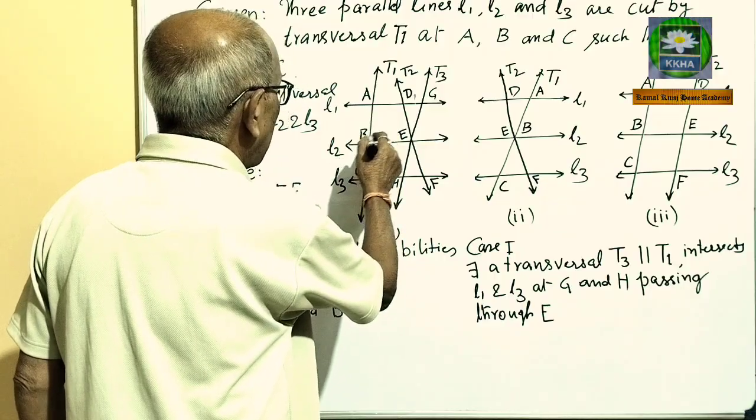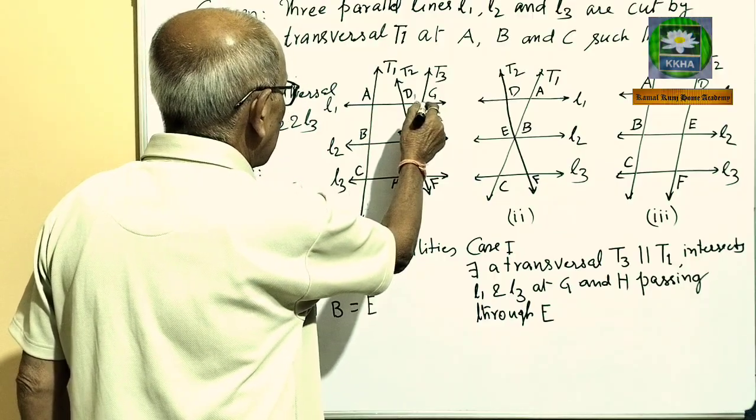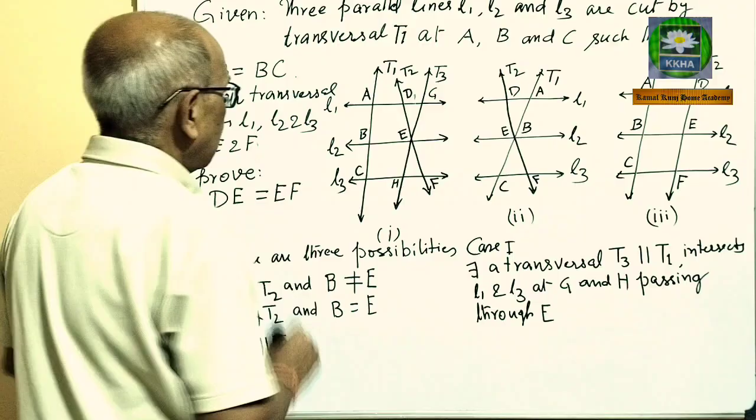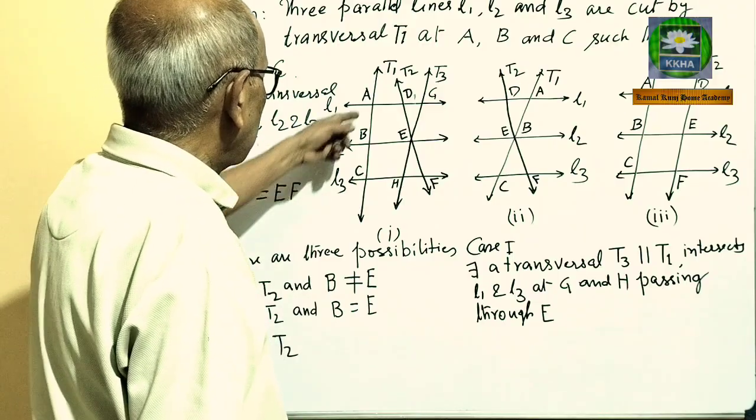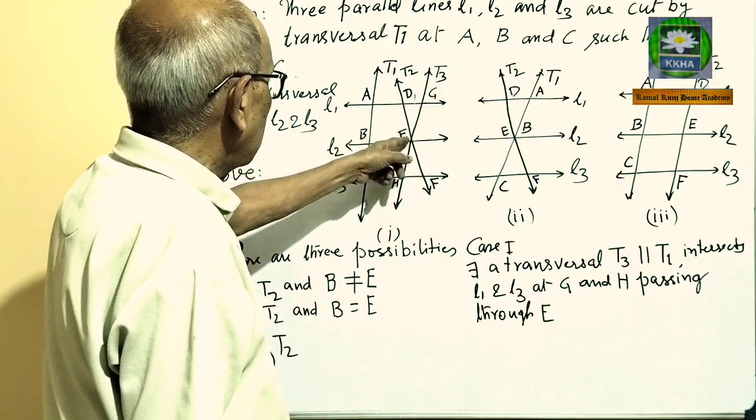Now AB is parallel to GE because L1 is parallel to L2.